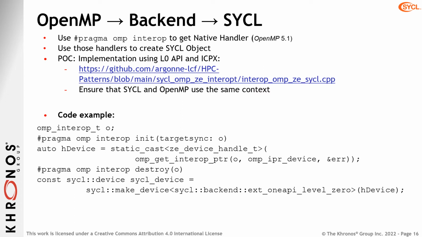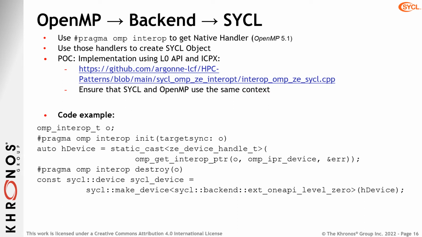Below, I show you a little code snippet of how it works internally. And afterwards you can look at the main code if you want more details. But the code is exactly as I explained before. You start by creating this interop object. Then you pass it to pragma omp interop init, which gives you access to initializing this interop object. Then you can use the OpenMP get interop pointer function.